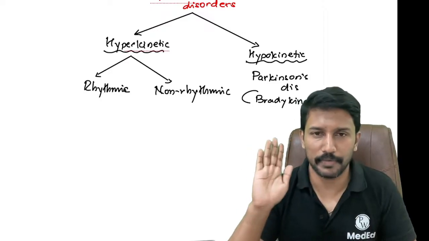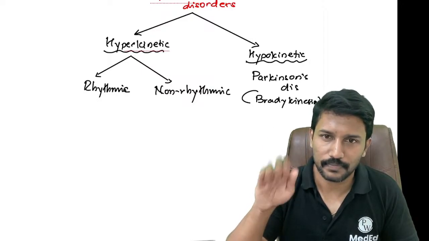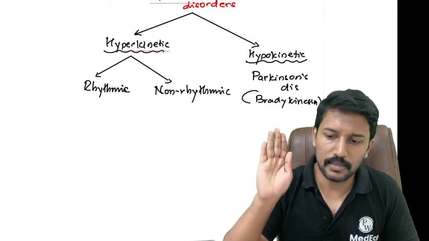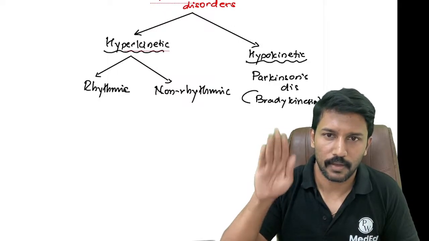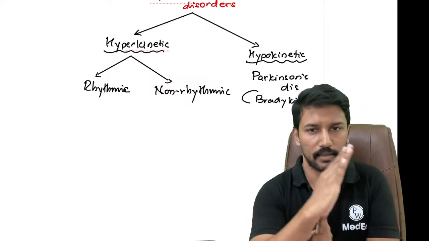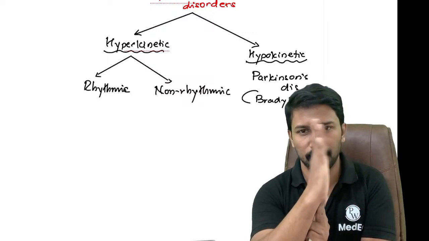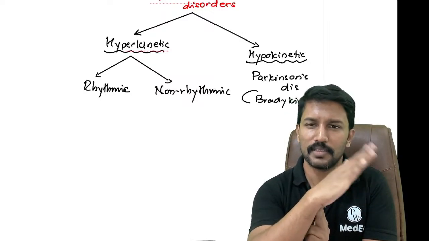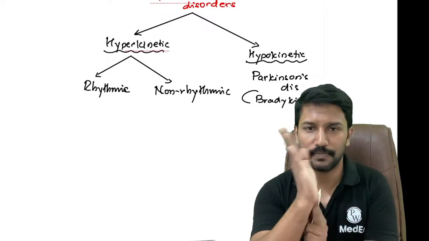To give you an example, if a person keeps doing this, is it rhythmic or not? It's like, to show you, goes down this much, comes up this much, right? It is following the same pattern. That is what we call a rhythmic movement disorder.